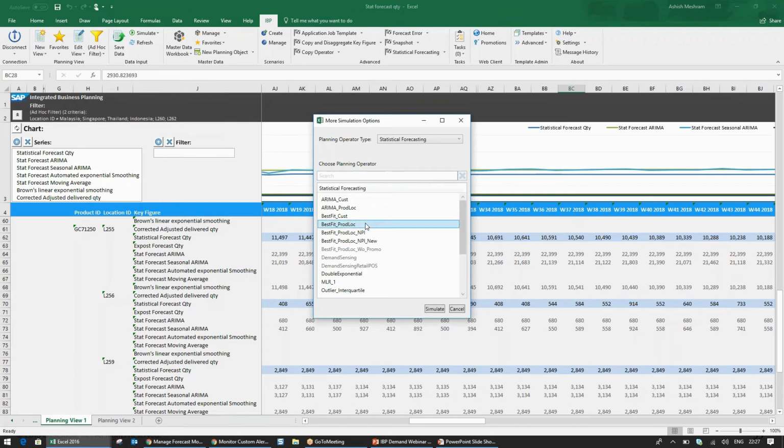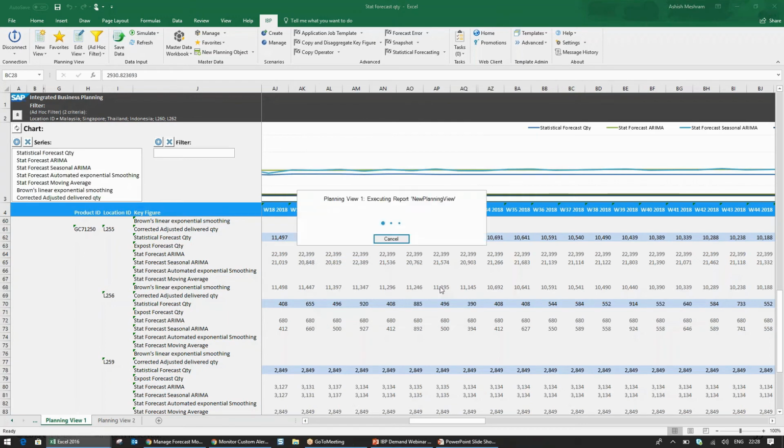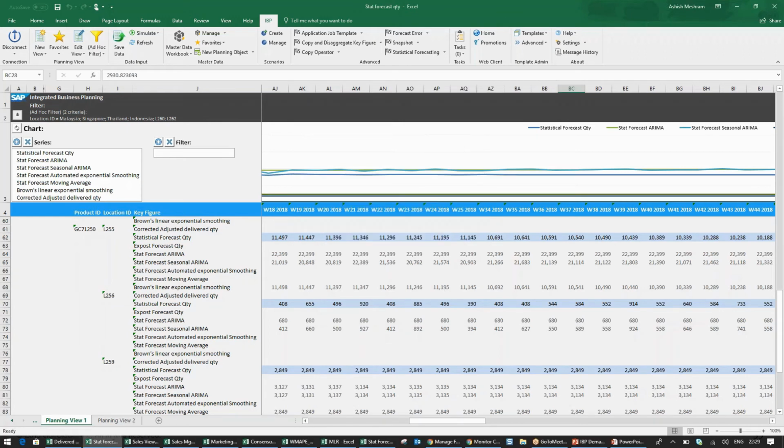So I'm running my best fit forecast model, which I just showed you in this system, to see how the forecast results are populated for the different product location combinations. So now the job is run, and you can see the result.